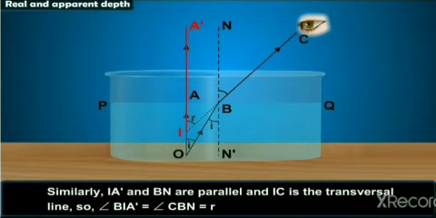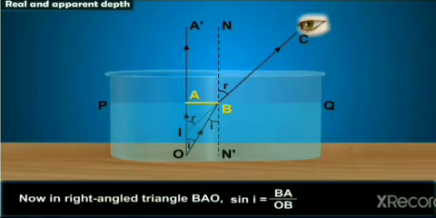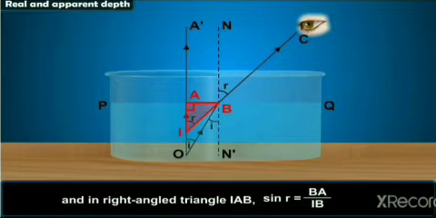Similarly, IA' and BN are parallel and IC is the transversal line. So, angle BIA' is equal to angle CBN, which is equal to r. Now in right angle triangle BAO, sin i is equal to BA upon OB. And in right angle triangle IAB, sin r is equal to BA upon IB.